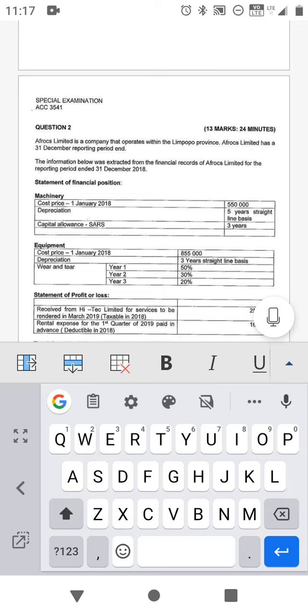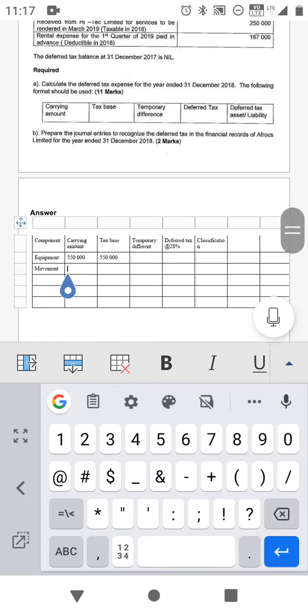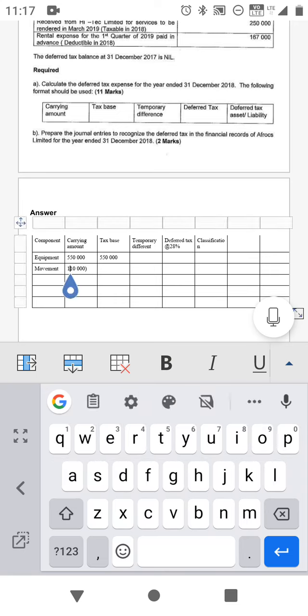So this machine was there since 1 January until December, which means that we don't account for months. It will be 12 over 12. Then depreciation is going to be 110. Okay, we have to show by brackets to indicate that this was an expense.